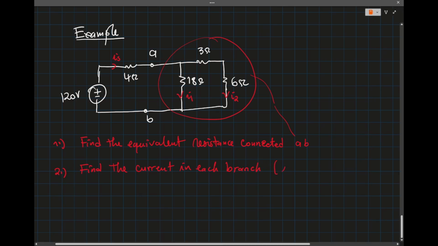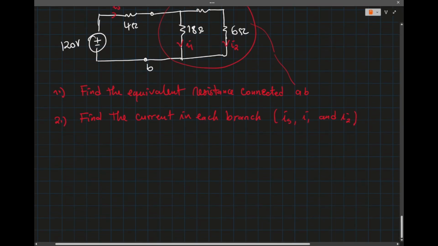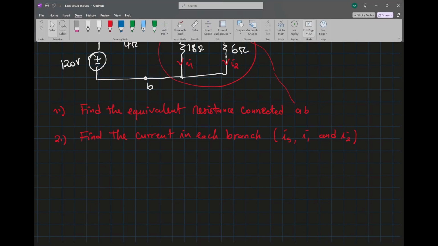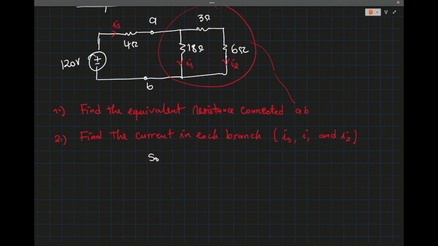So that means find IS, I1, and I2. Okay, so let's solve this question. So, solutions. So let's redraw the network over here.